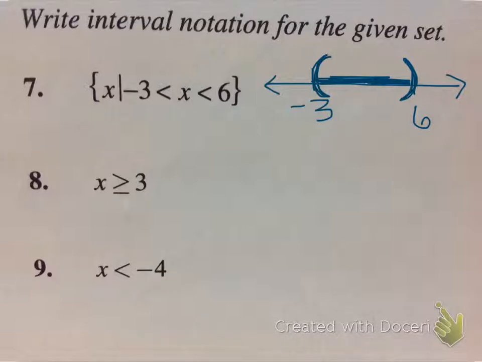This means all the numbers between negative 3 and 6 fit the criteria.